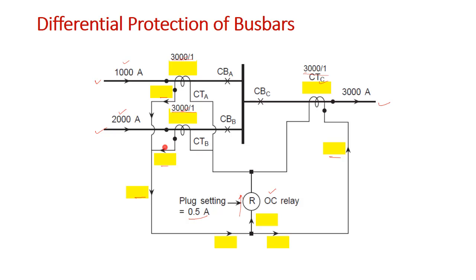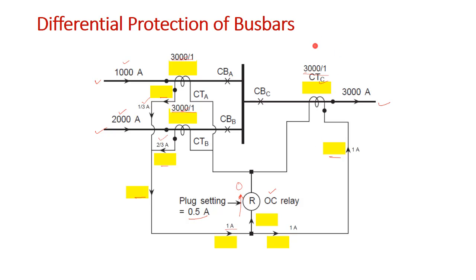Now it will become 1000 by 3000, 1 by 3 ampere, and 2 by 3 ampere, right? And the net current will be here 1 ampere, and similarly here 3000 is to 3000, so it will be 1 ampere. So now the current through the spill path will be 0, right.